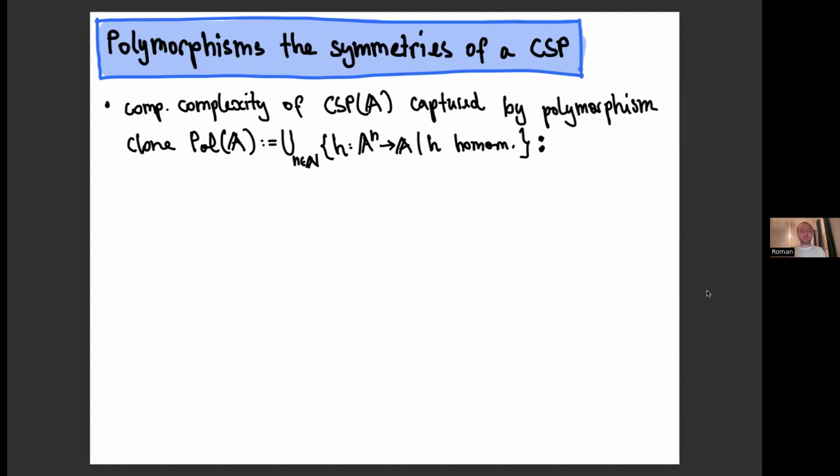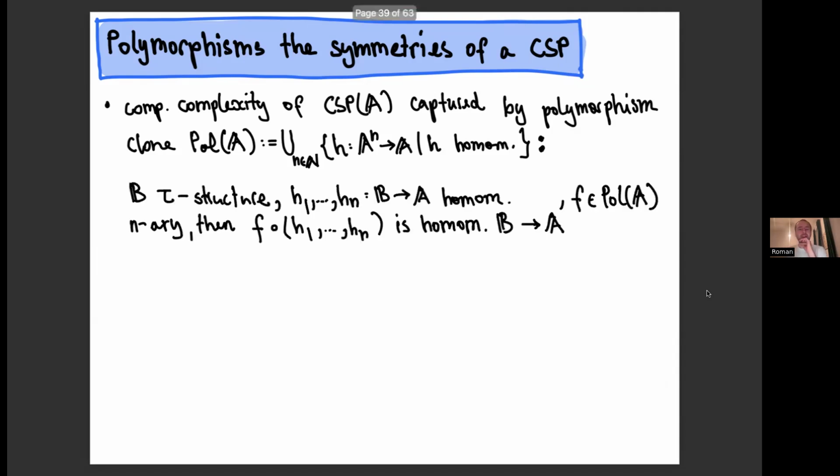Well, I claim that the computational complexity of the CSP of A is captured by the polymorphism clone Pol(A). And the polymorphism clone Pol(A) consists of all homomorphisms of finite powers of A into A itself.